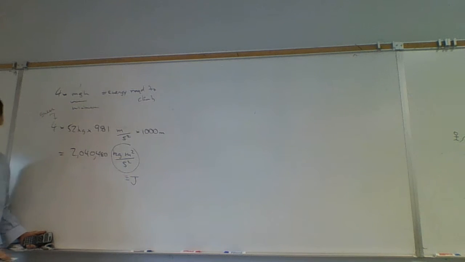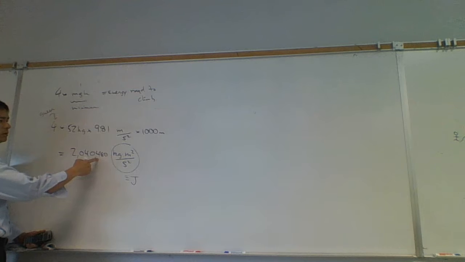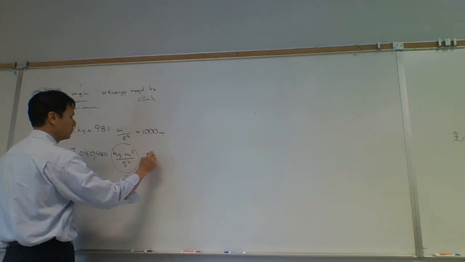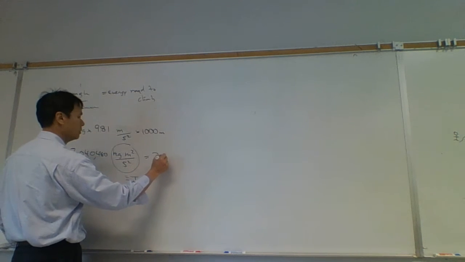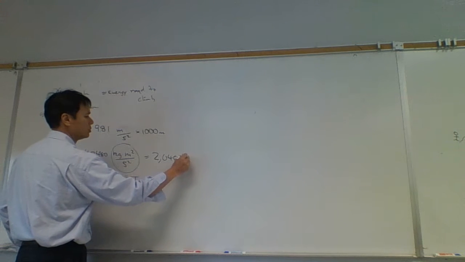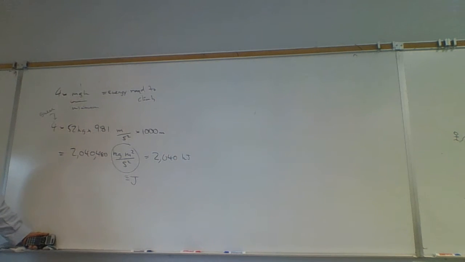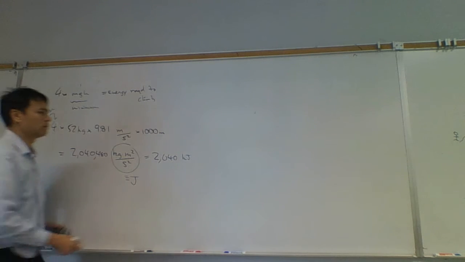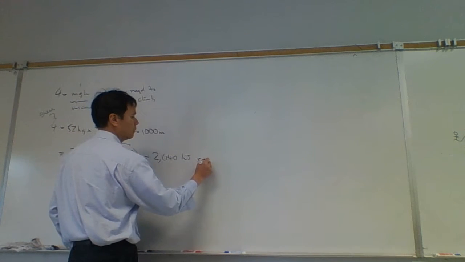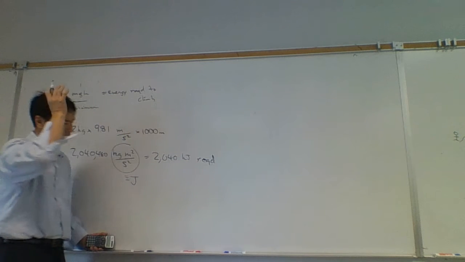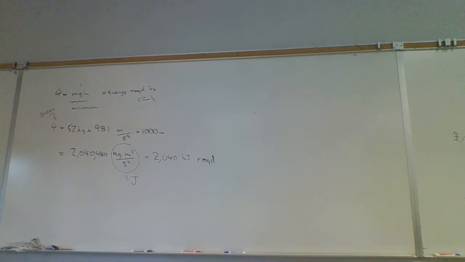It's the joule of energy. And so it's probably best to convert this into kilojoules. What we're going to need is 2,040 kilojoules for this climb. 2,040 kilojoules required for that climb.